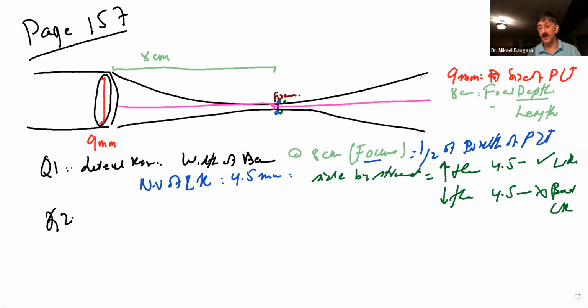So the lateral resolution at a depth of 16 centimeters, which is just twice your focal depth or focal length, is indirectly asking us what is going to be the width of the beam at a depth of 16 centimeters, and that's again going to be 9 millimeters.